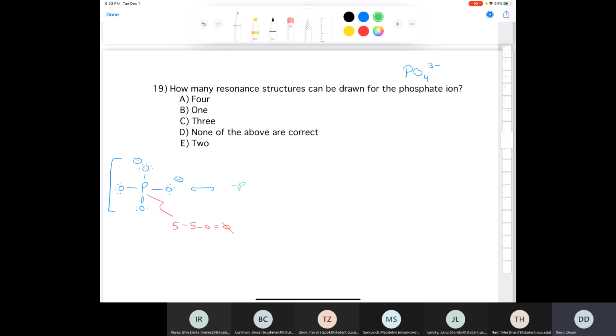How do we draw them being delocalized? Well, we're going to show the double bond as being on the left, like that. We're going to show the double bond as being at the top, like this. And then we're going to show the double bond as being over on the right as well. And so all 3 of these extra resonance structures are perfectly reasonable.